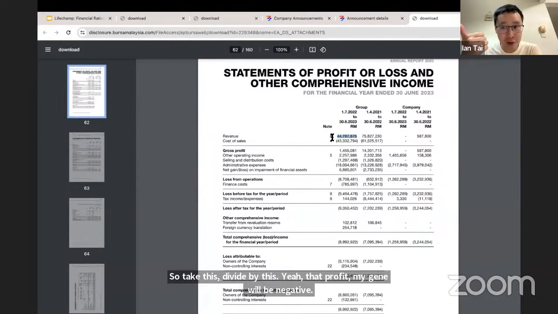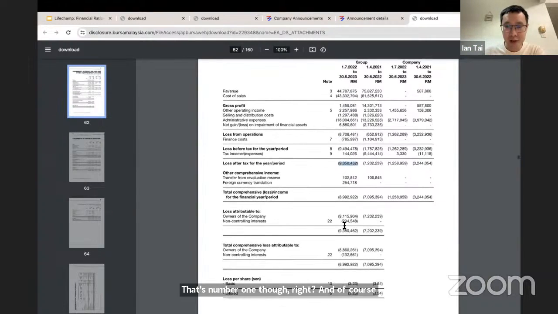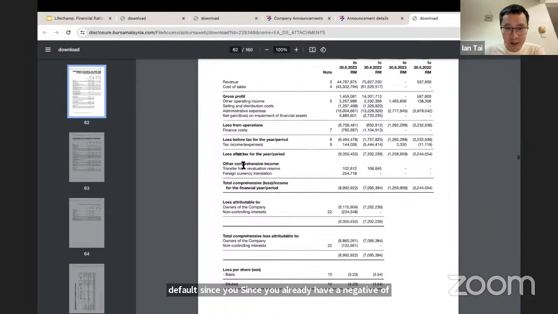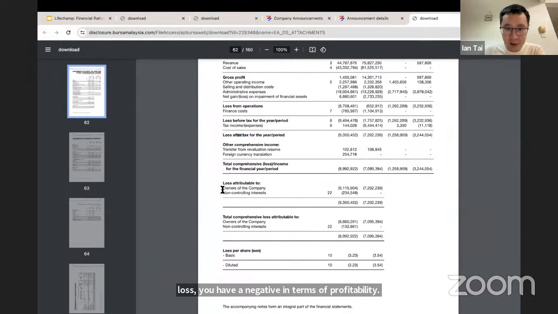And since you already have a loss, you have negative profitability, loss after tax. Now you take the loss attributable to owners out of this loss, other people's share removed, your share is this 9.1 million.